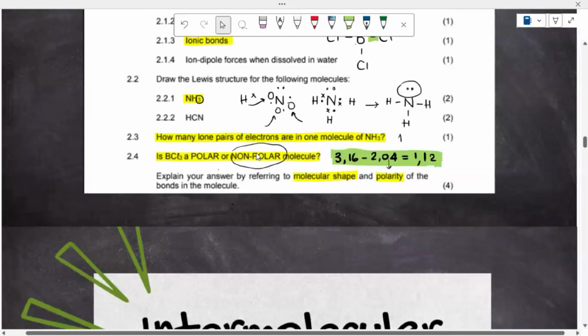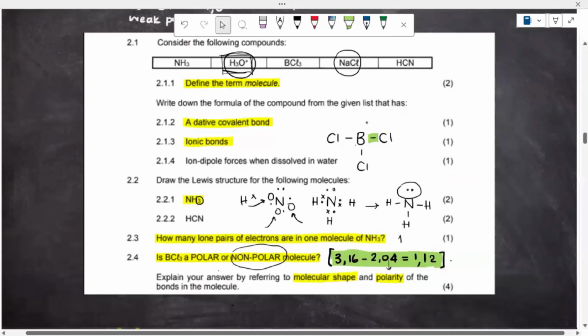Okay, this whole idea of where I actually calculated the electronegativity, this was me just showing you that, so this is our molecule, right? This electronegativity calculation that I did was specific to this bond, the bond between boron and chlorine. So we know that the entire molecule is non-polar, right?